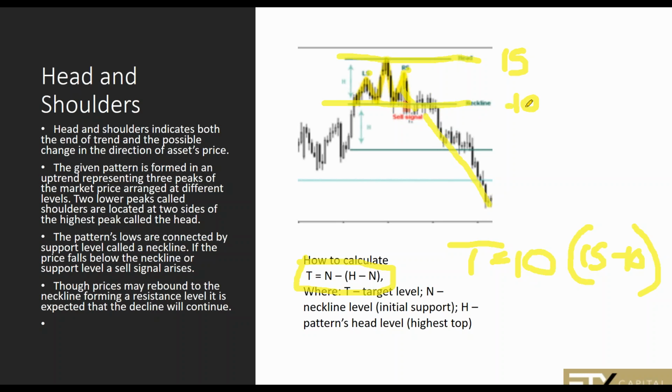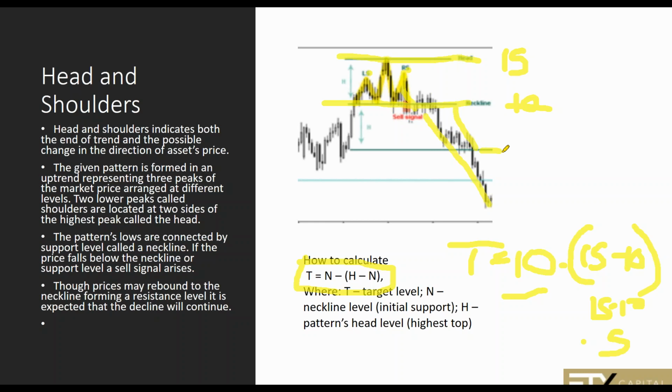In other words, we have 10, which was the neckline, minus 15 minus 10, which is 5. So we have 10 minus 5, or our momentum breakout should be equal to 5. Is that right? 15 minus 10 is 5. 10 minus 5 is 5, yes.